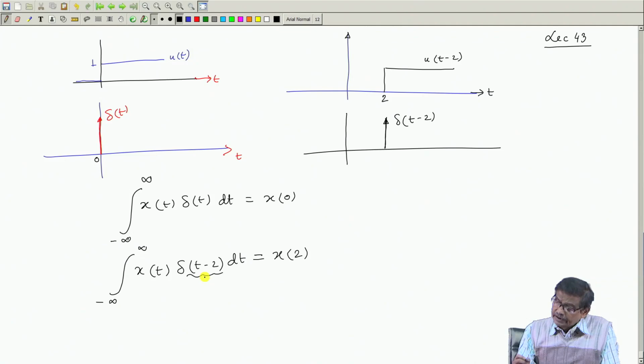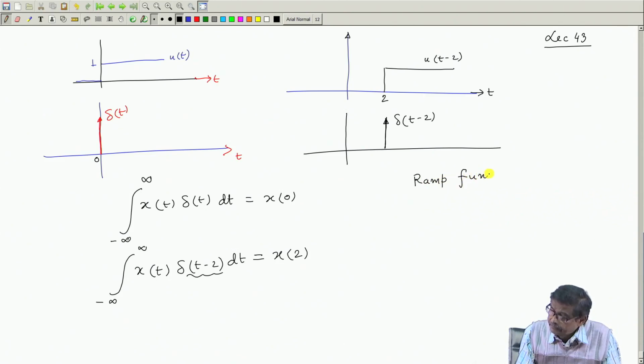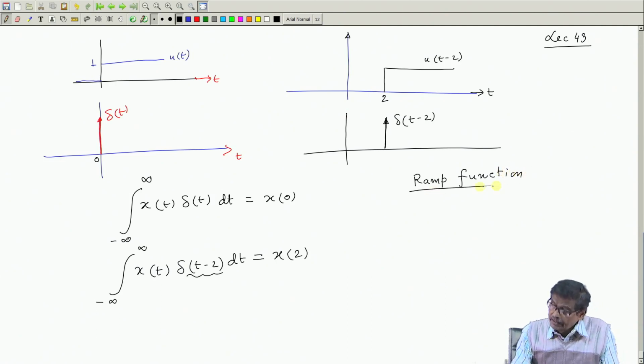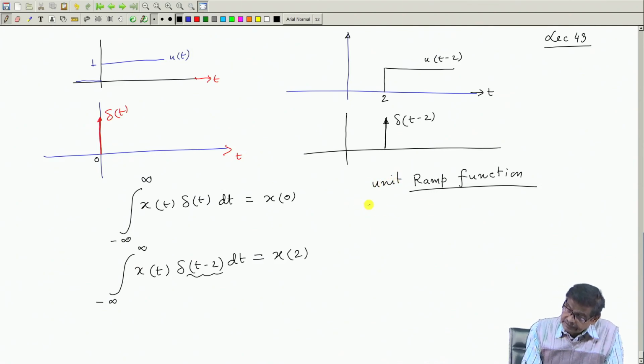Another function I will just mention is called the ramp function. The unit ramp function is like this.